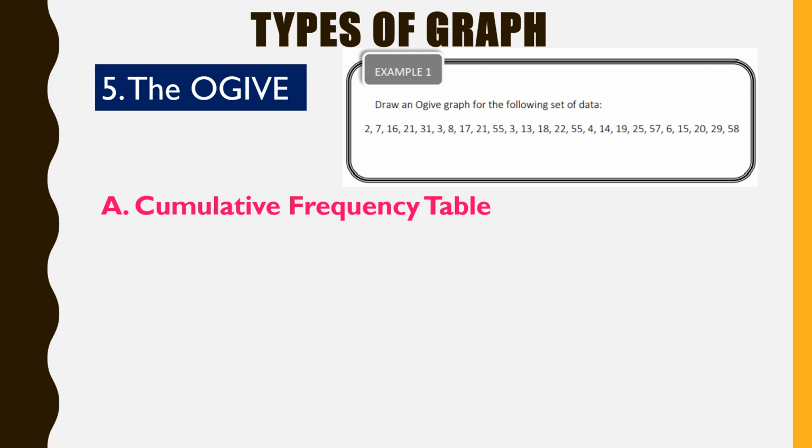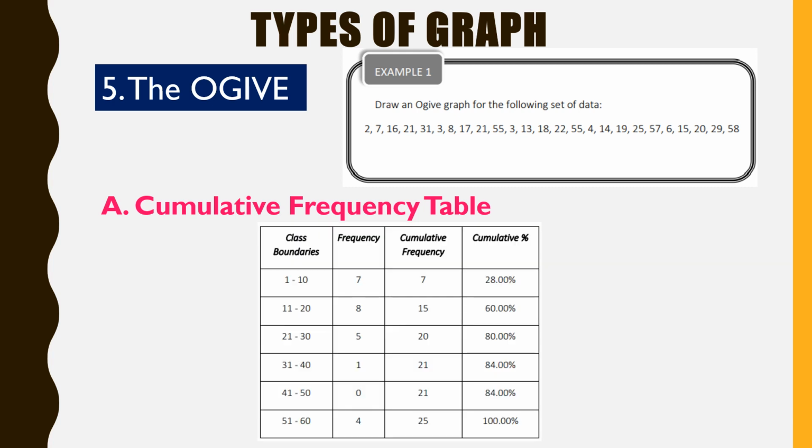We have here an example. It says, draw an ogive graph for the following set of data. And when we draw a table for that, we have here the class boundaries. The frequencies are the following. And then the cumulative frequencies are as follows.